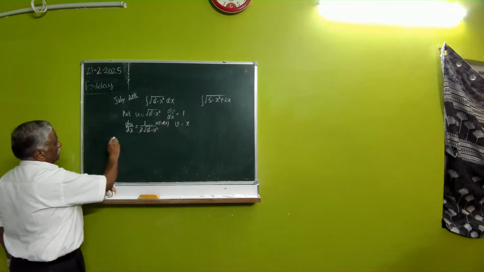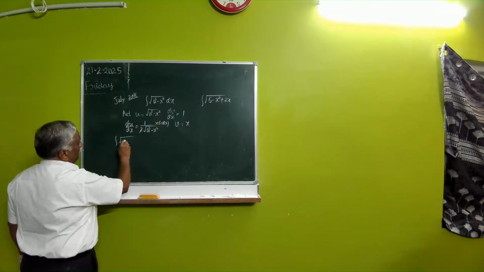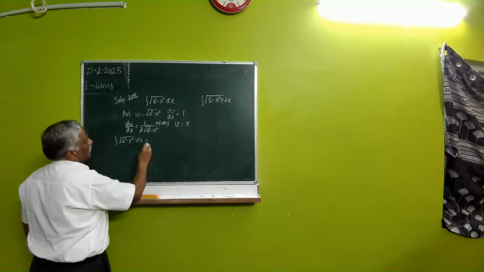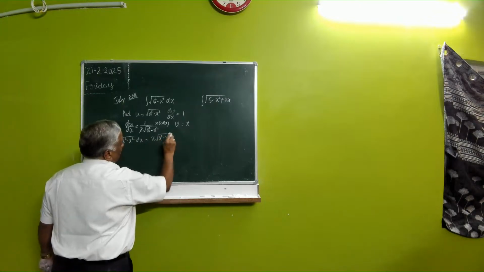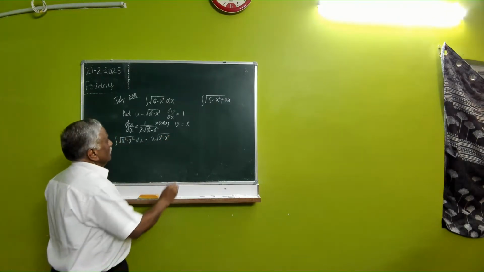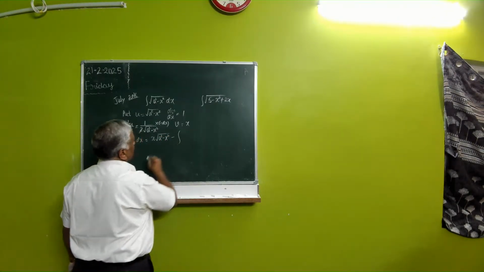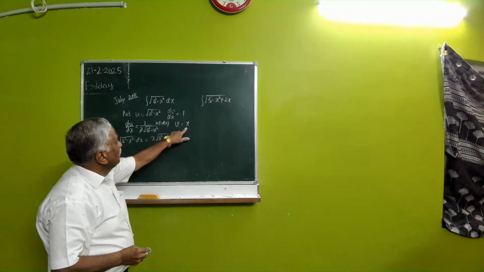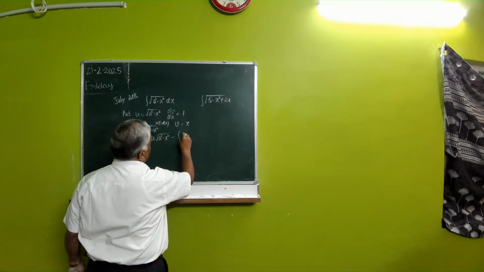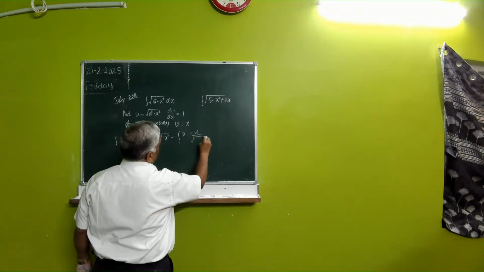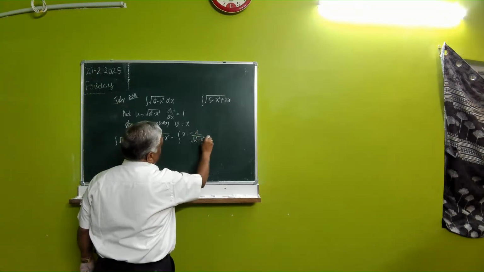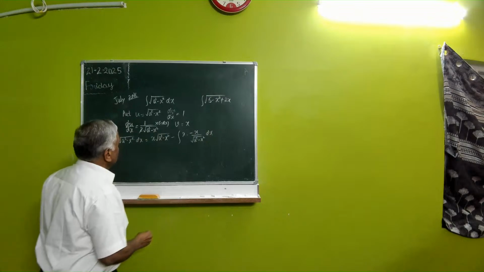The integration by parts, I will not write the formula, you can remember the formula. uv is x into root of a square minus x square minus integral of v du. v is x, du is minus x over root of a square minus x square dx.